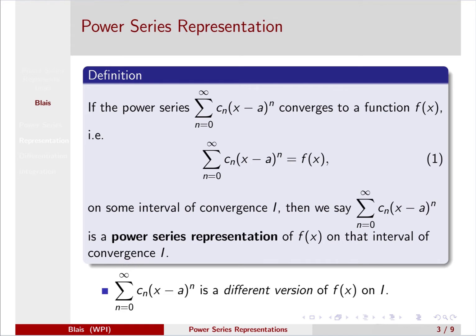It's another way of writing f of x. It's a different version of the function f of x. You can think of it like a different identity. These two on the interval of convergence are the same thing, but they appear to be different. They're structured differently, but they represent the same function of x.